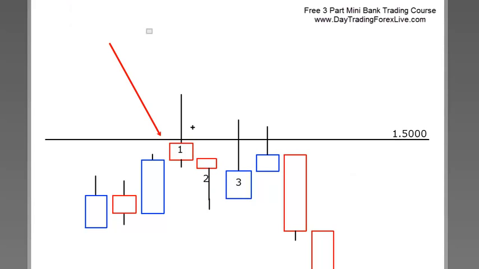Well, yes, it does, but it's closing way up near its highs, and it is definitely not confirming the reversal. And that's why we want to see it close in its lower 2/3 quadrant.